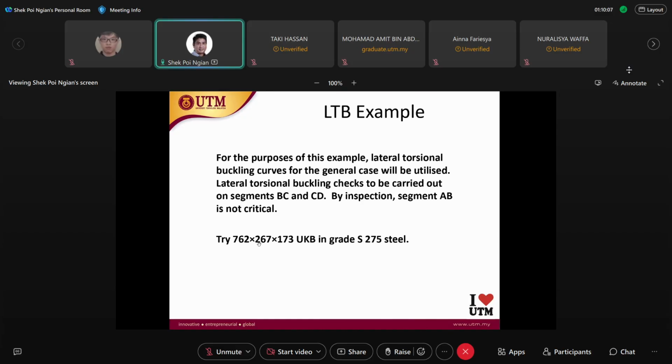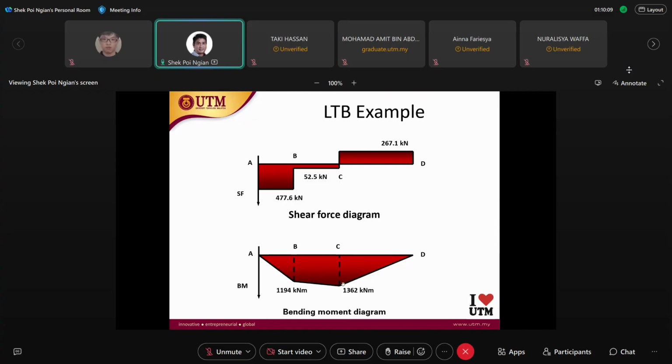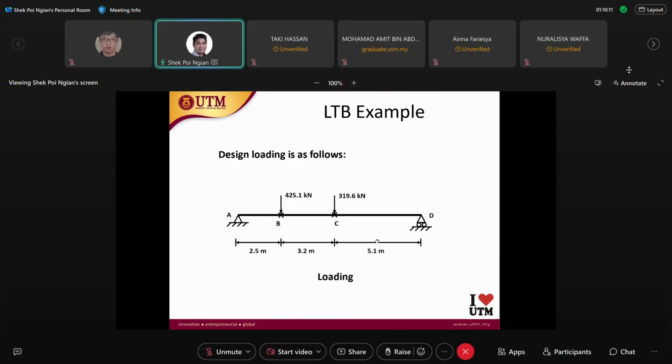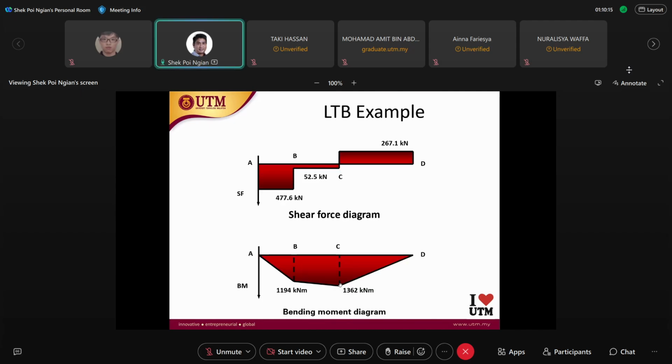When we check segment CD, with length 5.1 meters and a bending moment of 1362, if the beam is adequate, then we can skip checking AB because AB is less critical compared to CD.